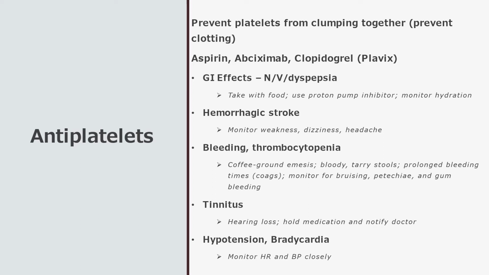But if their bradycardia becomes tachycardia, then there are your assessment findings for bleeding: a low blood pressure and a high heart rate means you have blood loss. So make sure that you know the difference of symptoms there.